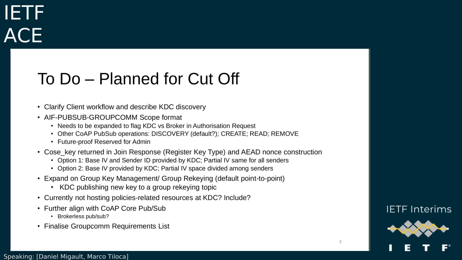Option 2 would also work because you split the total partial IV space in advance and you assign an available chunk to a new publisher. We did talk about running out of space as the publishers count grows. It's a matter of trade-offs, etc. I think option 1 has better trade-offs than option 2. In different ways, they both work.